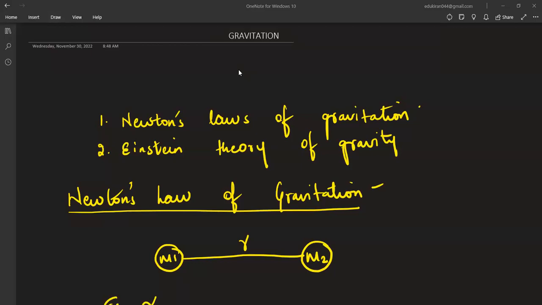Yes, class, gravitation. So gravitation is chapter 8, right? Now see, gravitation chapter is very important because all the concepts of gravitation that you will be studying in class 11, you will be having similar concepts in your class 12th first lesson, first unit of your class 12th.